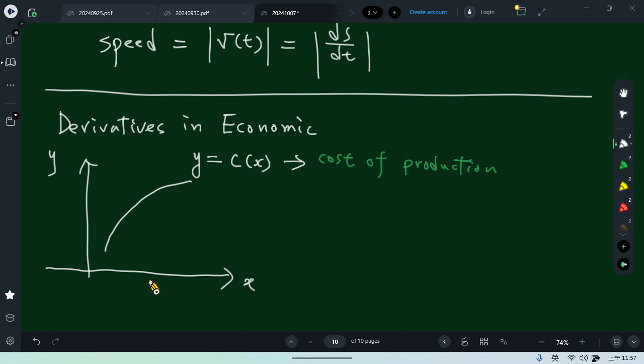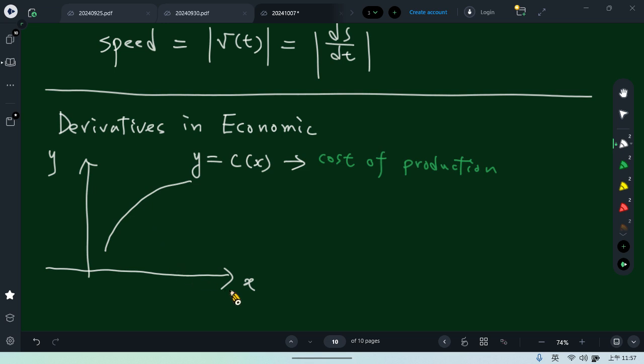So as x is going up, then your cost will be continuously increasing, right? But as you manufacture more products, the cost will gradually become very stable, right?